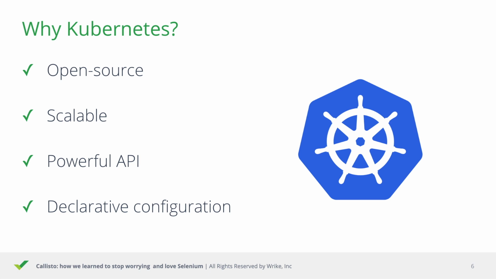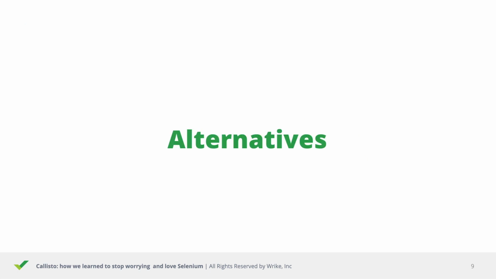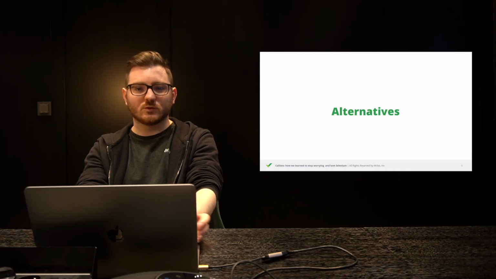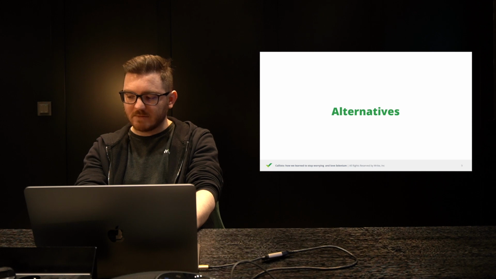Finally, we can describe all our solution configuration, all our objects as code, and we can pass it through our continuous integration or continuous delivery pipelines. And that's great too.